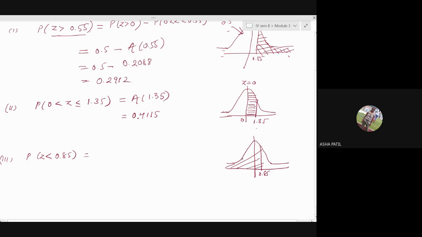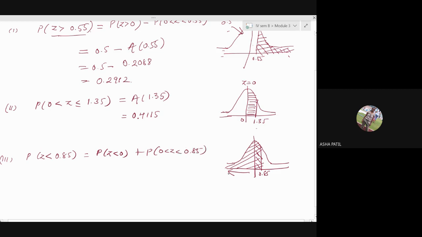Now if you look at your table value of 0.85, it gives you only 0 to 0.85. It gives you only this part. But you want all this region also towards the left side. And again, we know that it is 0.5. Probability that Z is less than 0 plus probability that 0 less than Z less than 0.85. This is what we want.